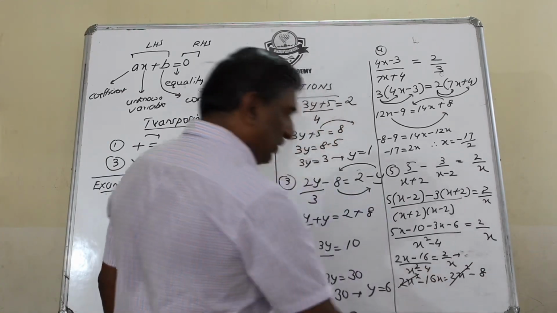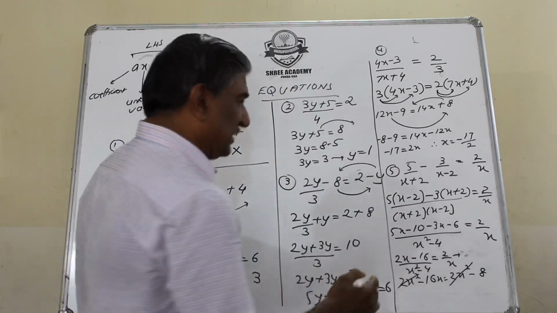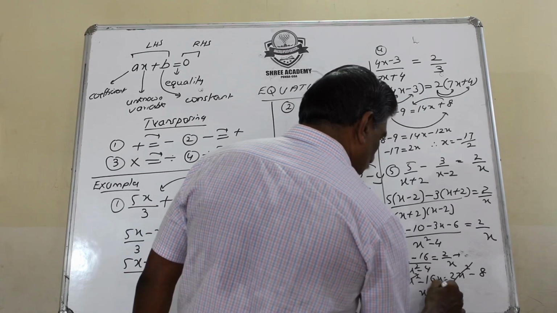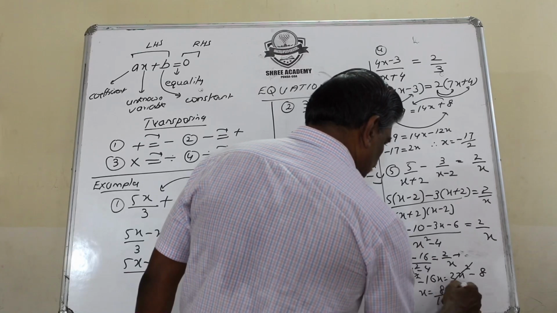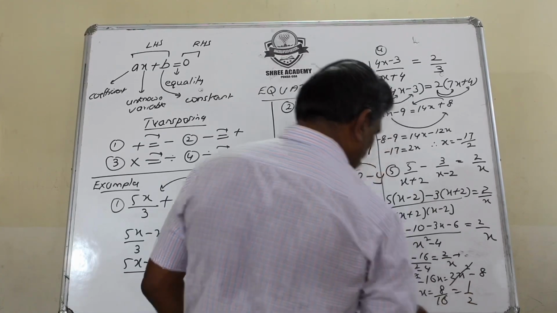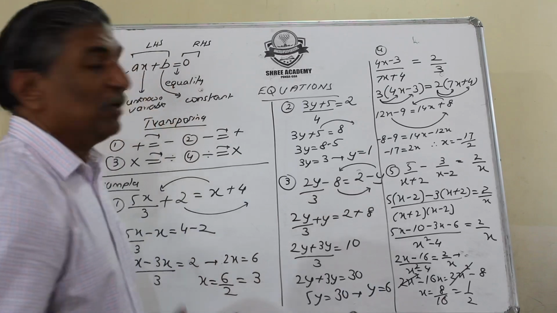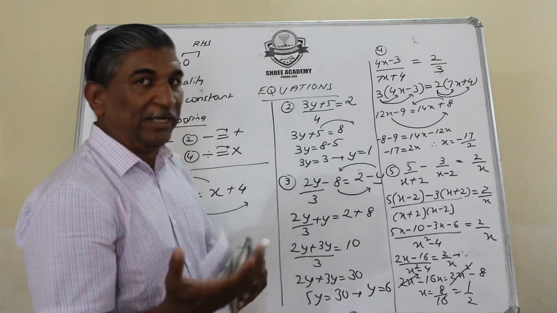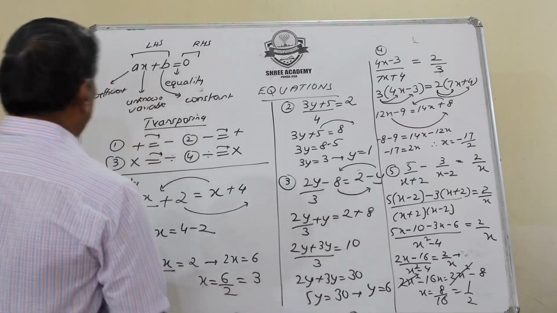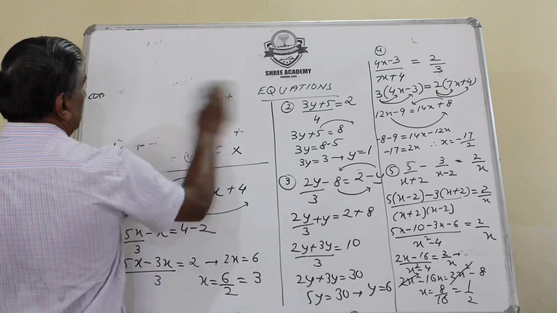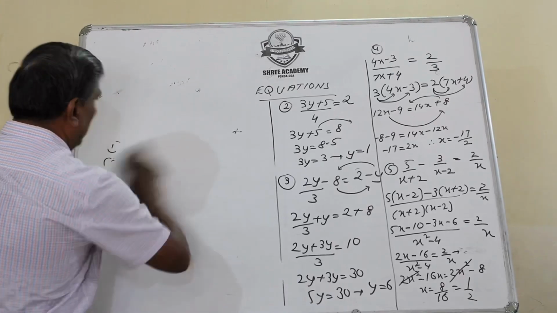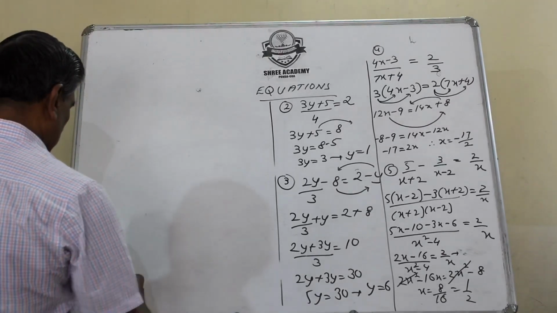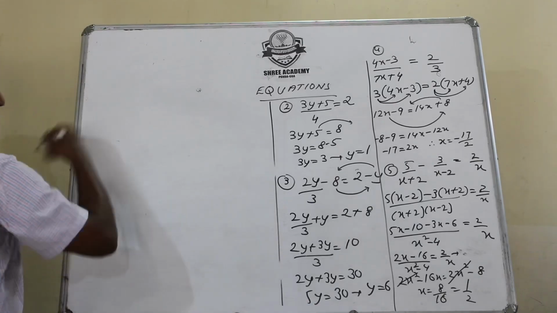These both can directly be cancelled. Minus 16x is equal to minus 8. So x is equal to 8 upon 16, means 1 upon 2. So always remember, finding the LCM, cross multiplication, transposing in the right way, all these will give you the answers correctly and easily. We will do one more sum like this.